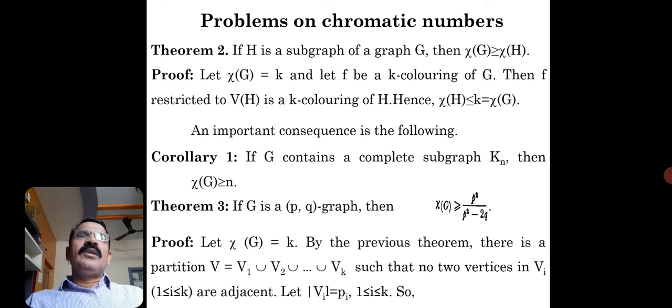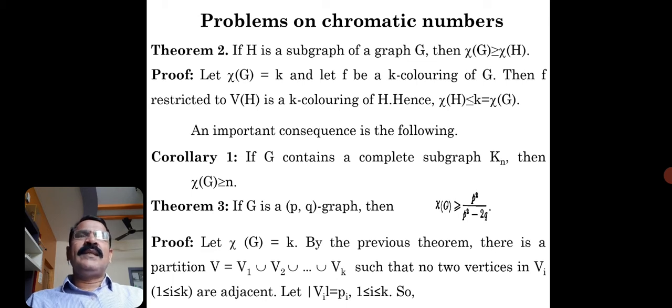That is, you can say it is P square minus summation Pi square where i equals 1 to k, since the sum of Pi's, that is the vertices P1, P2, P3, if you find the union, or you can say if you add the number of vertices, definitely it will be the number of vertices of the graph G, P. Okay, so which is less than or equal to P square minus the summation Pi where i equals 1 to k, squared, that is the square of the summation of Pi over k.